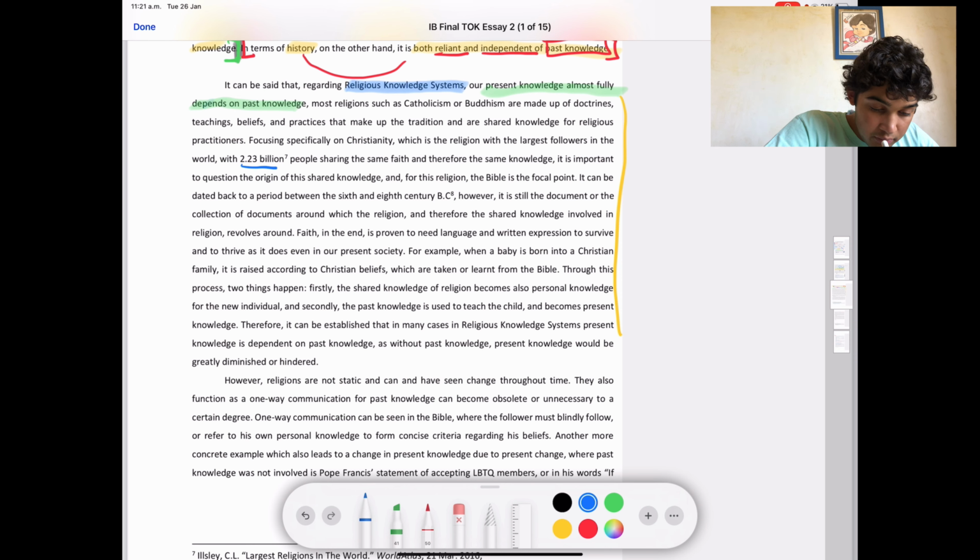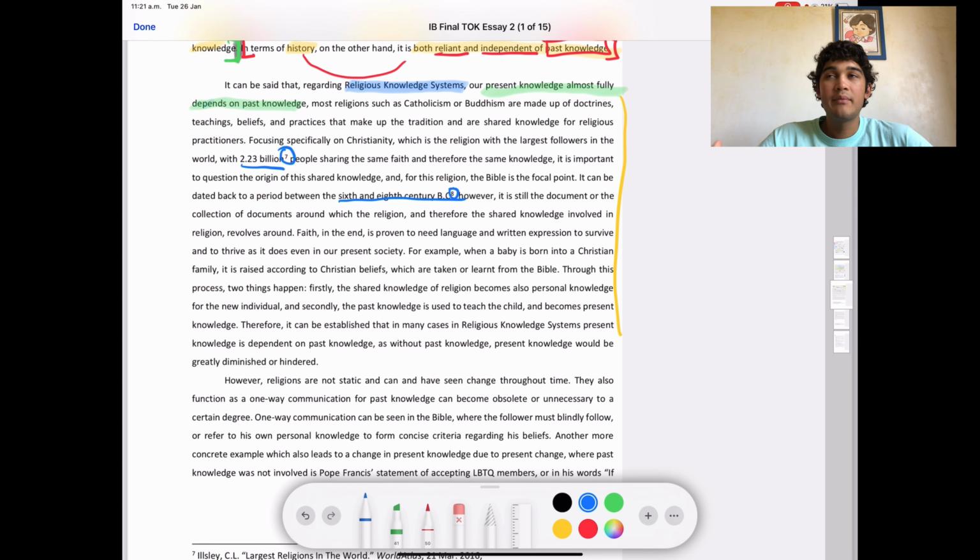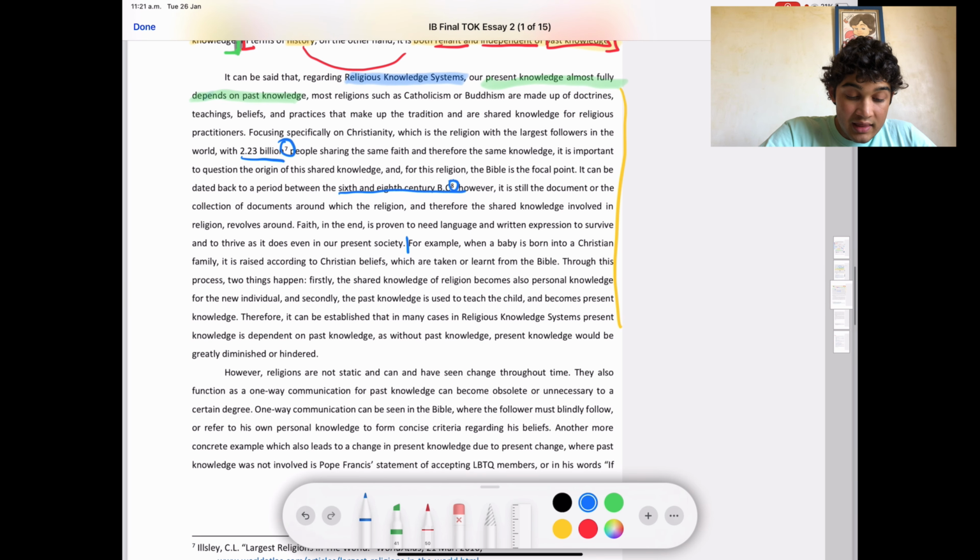So here you can see 2.23 billion and its reference. You can see 6th and 8th century BC. So again, I'm not just pulling this out of thin air. I'm actually backing it up with claims. And here, this is the beginning of my example, and this is the end of my example.